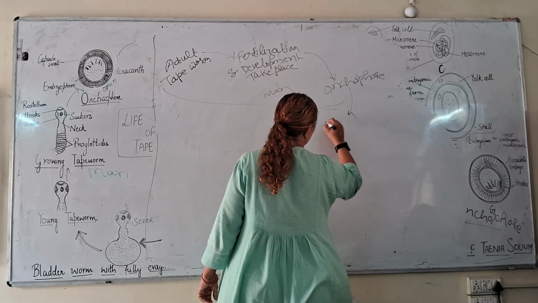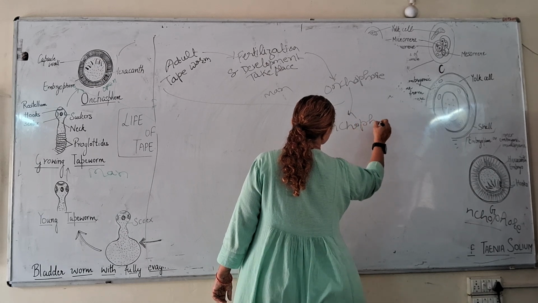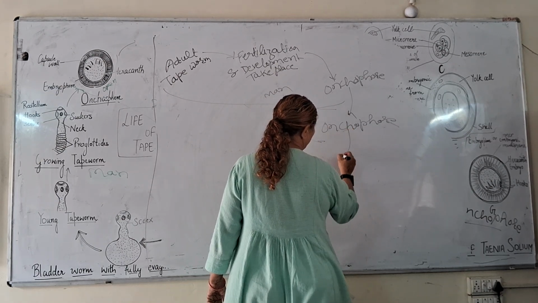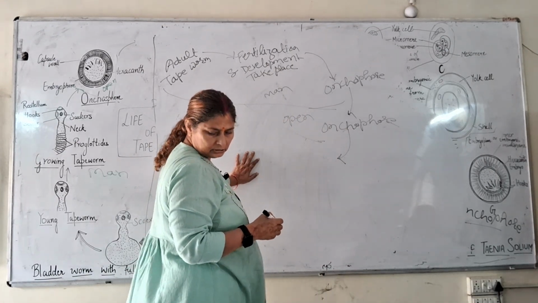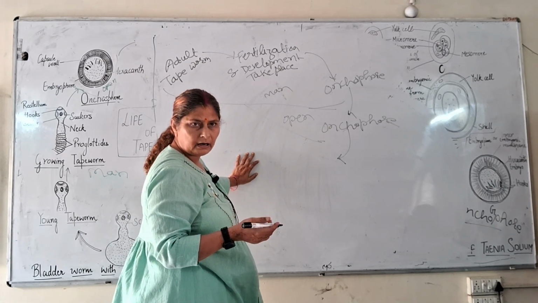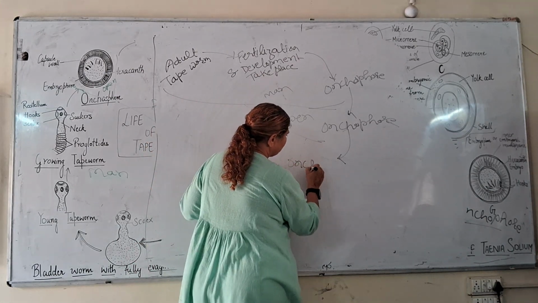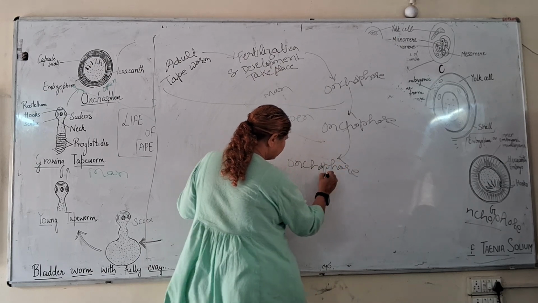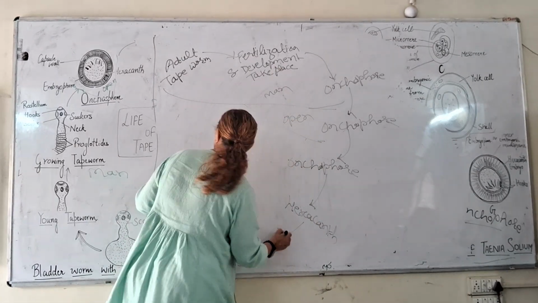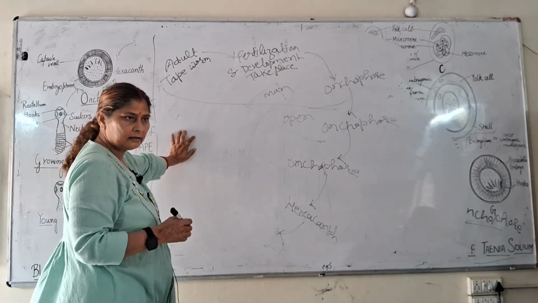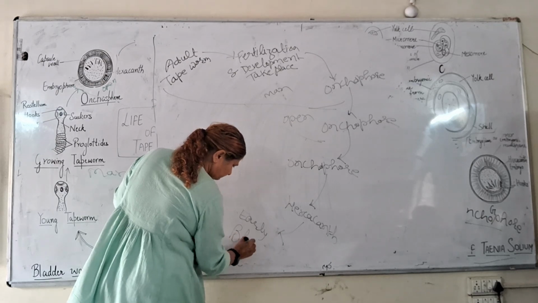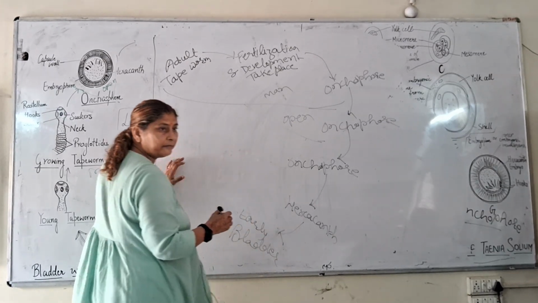Then this oncosphere larva is released in the open. Now it is taken by the pig. This oncosphere larva is taken by the pig. Write, in the pig what will form? They take the oncosphere, then it is a hexacanth, then what forms next is the early bladder worm, meaning the start of invagination.